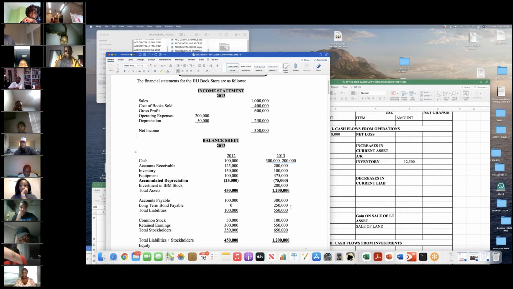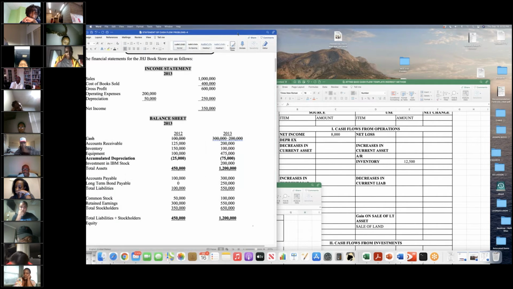So therefore, when this long-term bond goes up, it's a source of cash. Oh, okay. Same concept. Thank you. You're welcome.